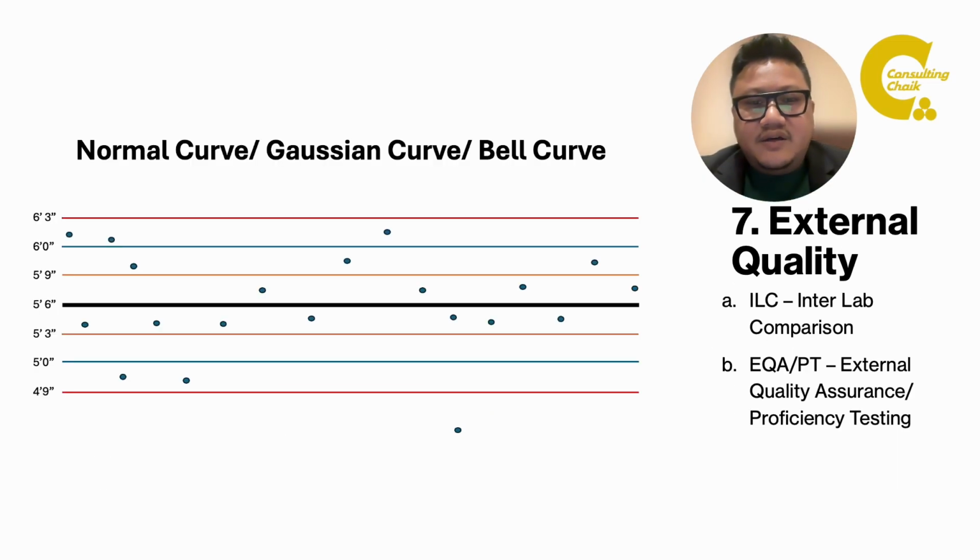And then you have external quality assurance, and even this follows the mean. The difference between IQC and ICA is basically, in IQC you are running one sample inside the lab, one sample daily, so you are getting a lot of data.